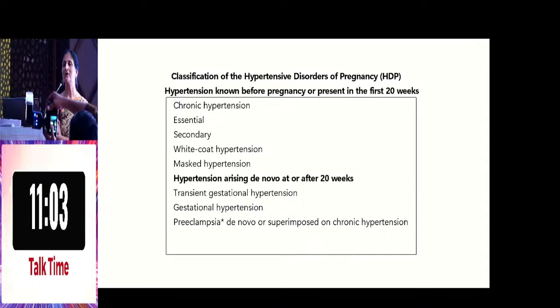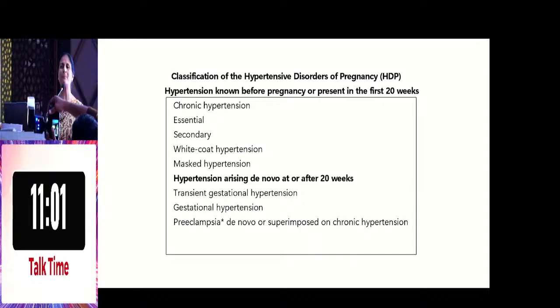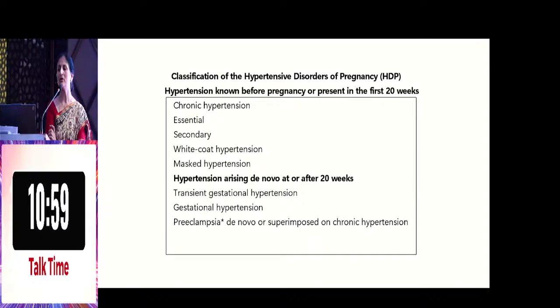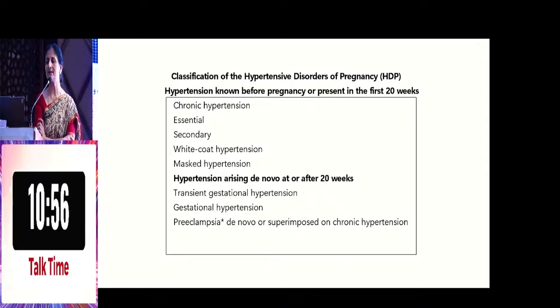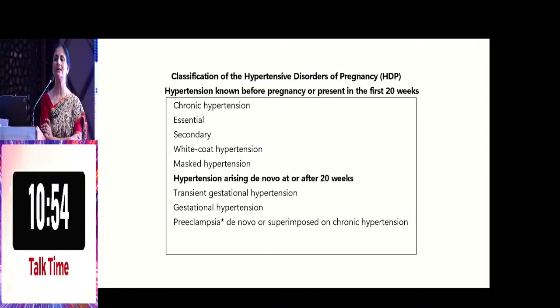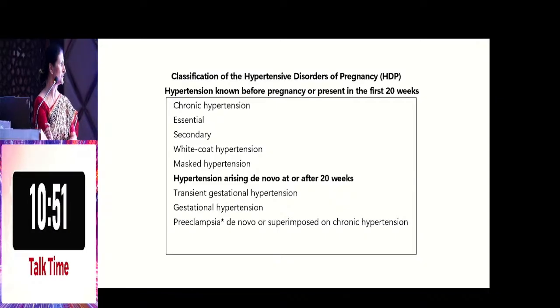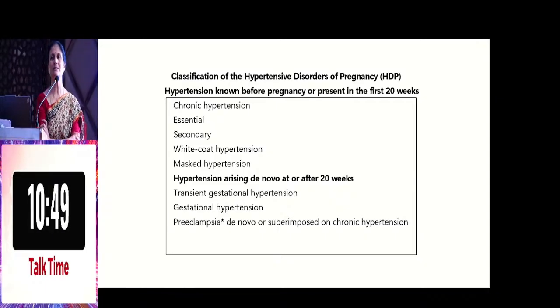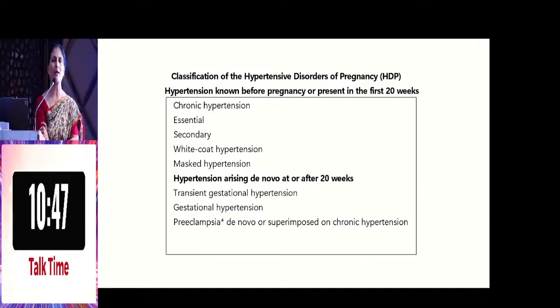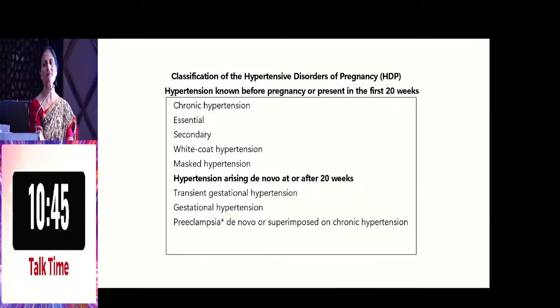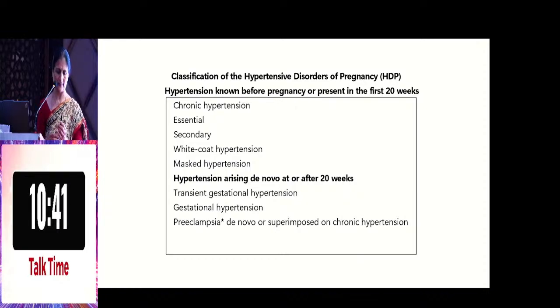So, classification of the hypertensive disorders: we all know chronic hypertension, and we are more interested in hypertension arising de novo at or after 20 weeks of pregnancy, which could be transient gestational hypertension, and preeclampsia, which may be de novo or superimposed on chronic hypertension.